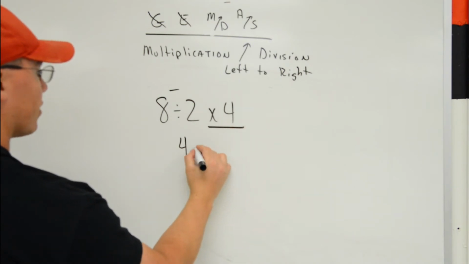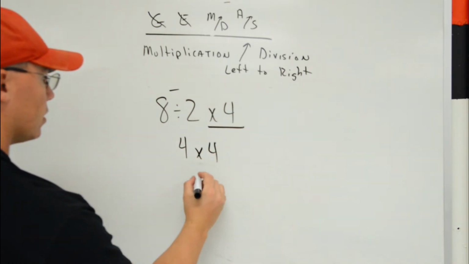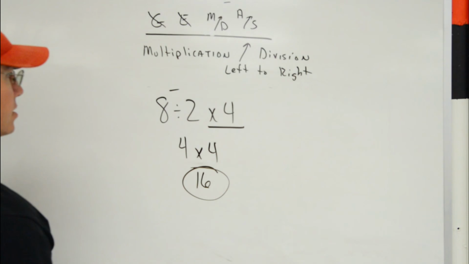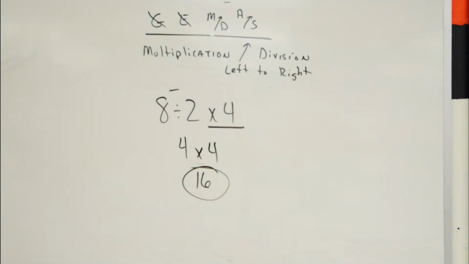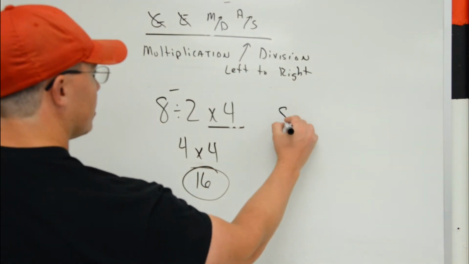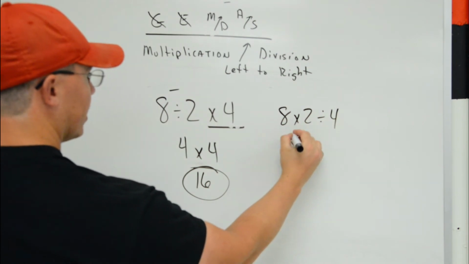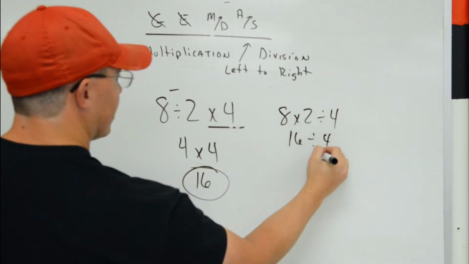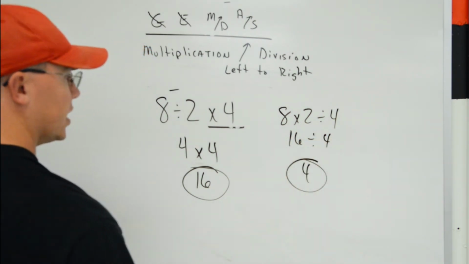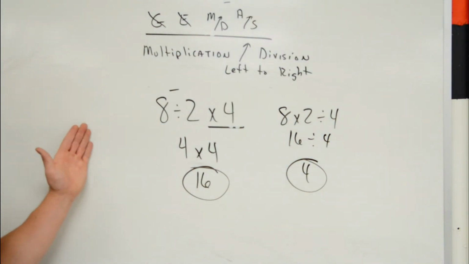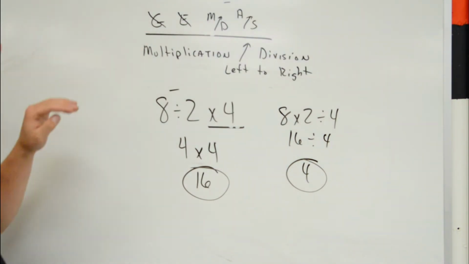Bring down what's left. 4 times 4 is 16. Okay, so it changes how things are done if we go by order of operations. So 8 divided by 2 multiplied by 4 is not the same as 8 times 2 divided by 4. Okay, that would give us 16 divided by 4. See, 2 different answers. So you have to go from left to right when there is no grouping sign.